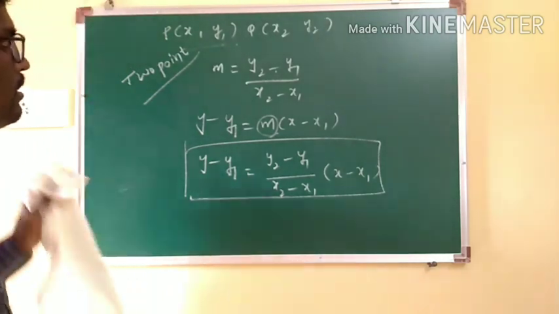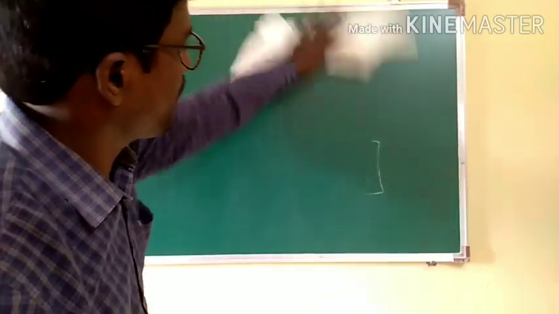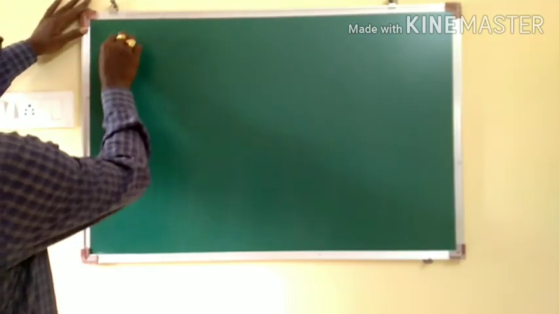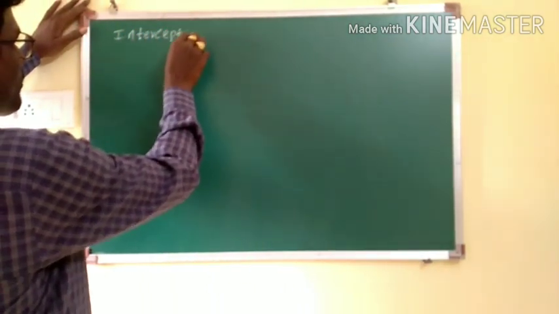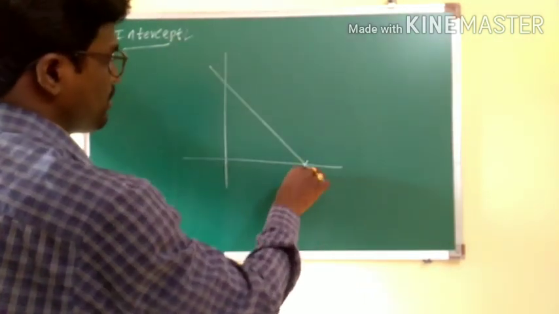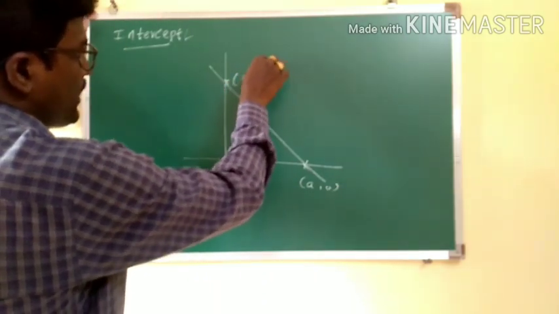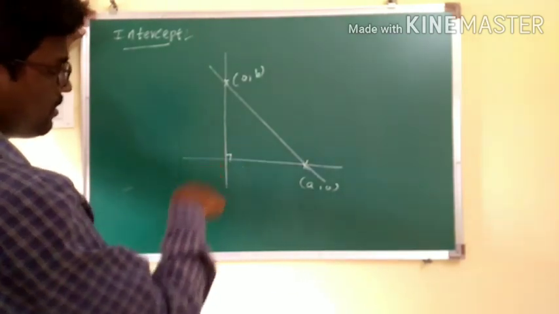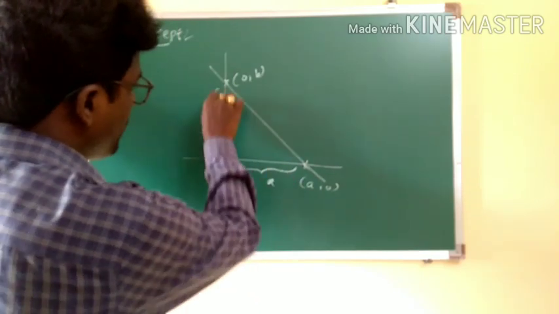Fine. And coming to the last case in the very important type, that is intercept form. Intercept form in the sense, if at all the line is passing through 2 points, one on the x-axis, that is (a, 0), and one on the y-axis, that is (0, b). x-intercept is a and y-intercept is b.